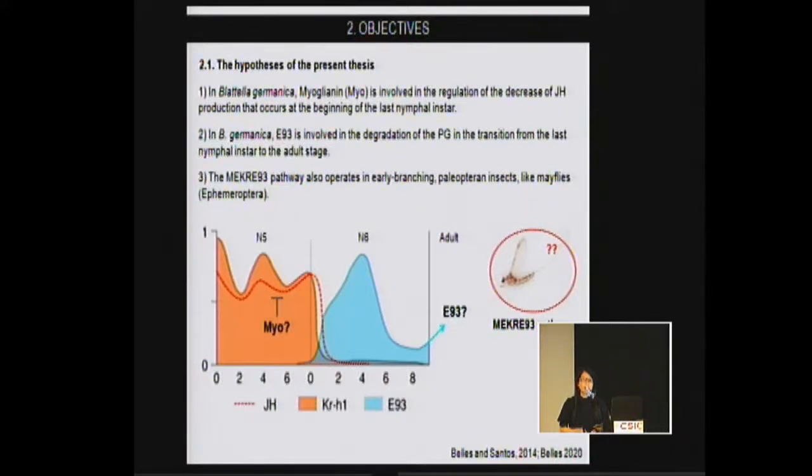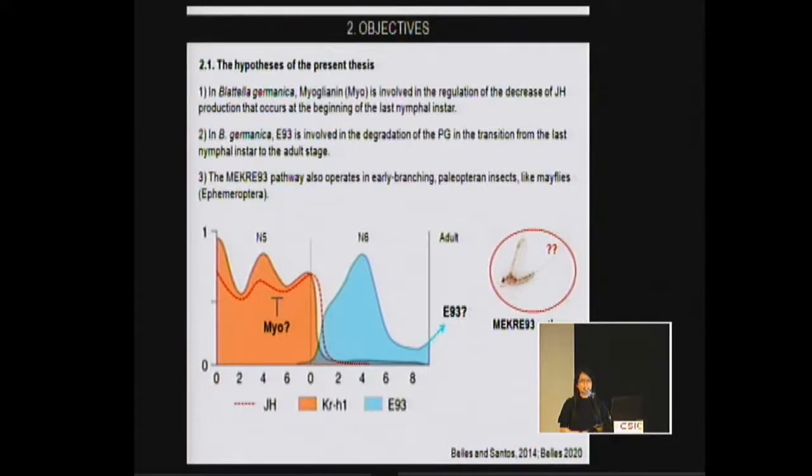And one gene that we found highly expressed during the penultimate nymphal instar, the instar before the last, is myoglianin. So the first hypothesis is that myoglianin is involved in the regulation of the decrease of juvenile hormone production at the beginning of the last nymphal instar.